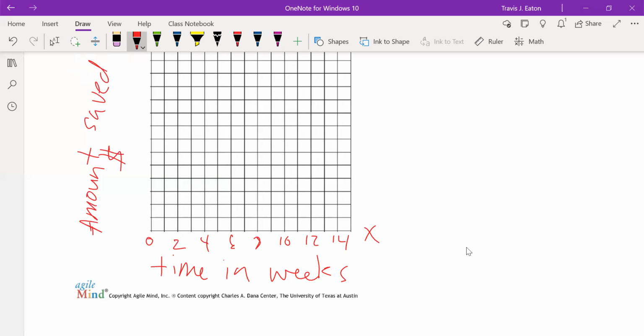On the other side, I'm going to go up by hundreds, but skipping every other one. So the first one will be 100, then 200, just so I don't have a mess to deal with.